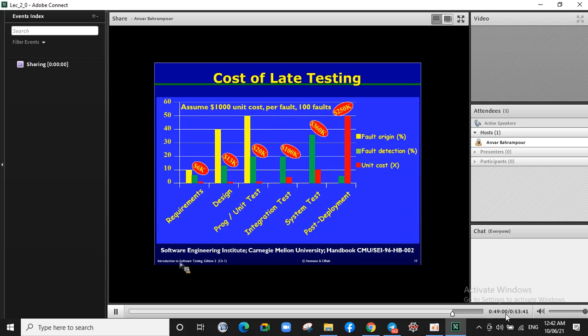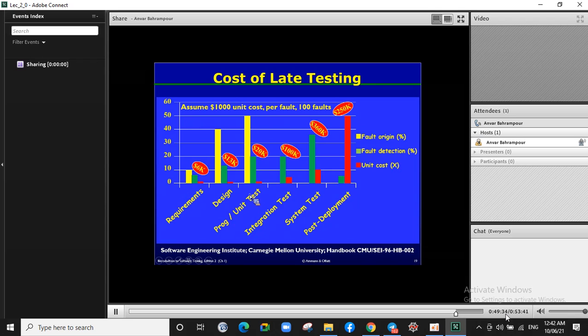Please note that in this chart the yellow bars show fault origins. As you see in this chart, almost all software faults originate from the first 3 stages of the software development life cycle, such as the requirement analysis stage, the design phase, or the implementation phase.